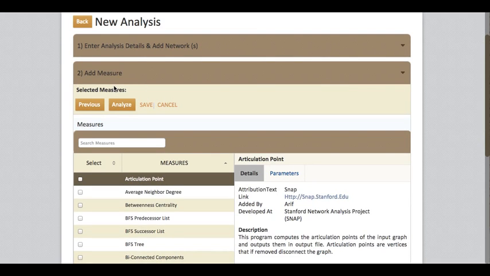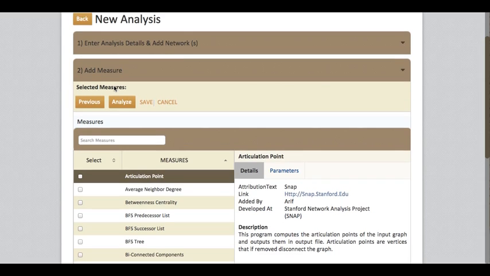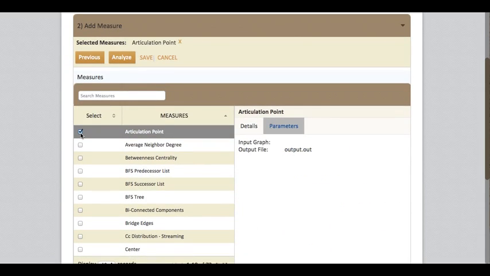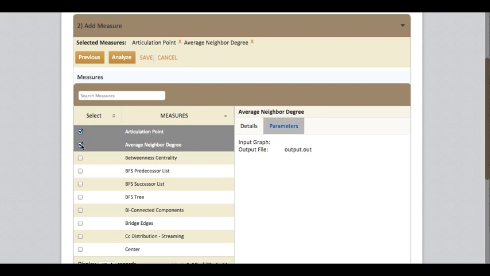The measures I was asked to add are the first one. Question number 1 is about articulation point. I'll also need, on question number 7, the average neighbor degree.